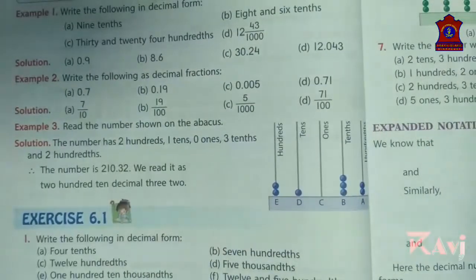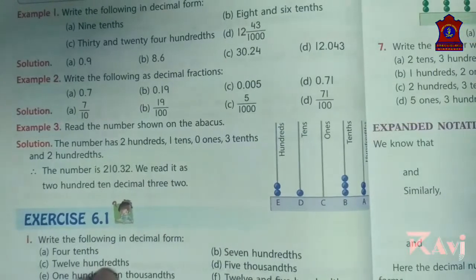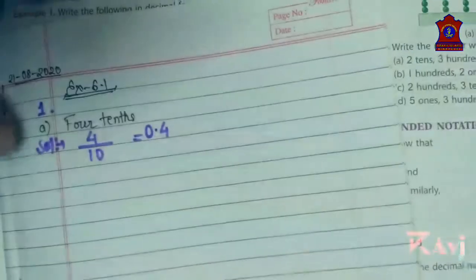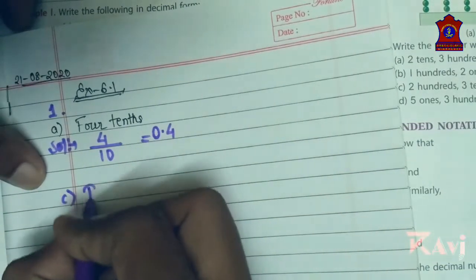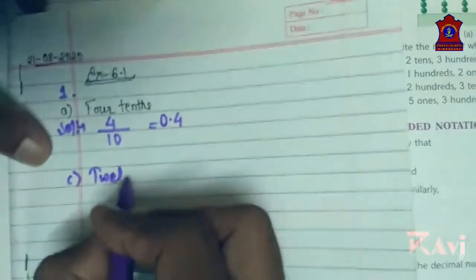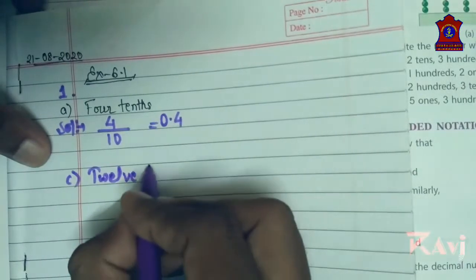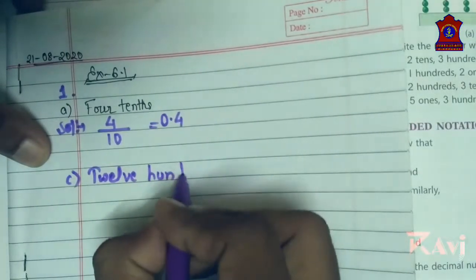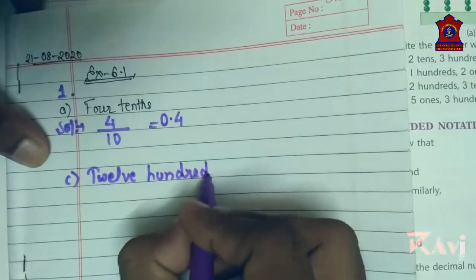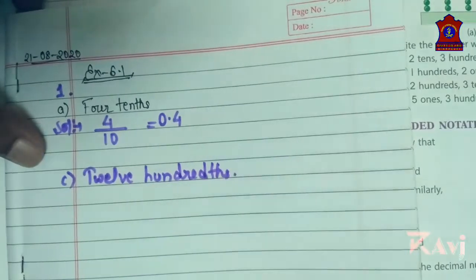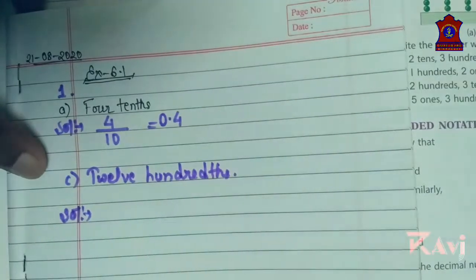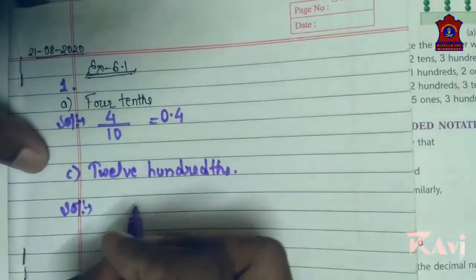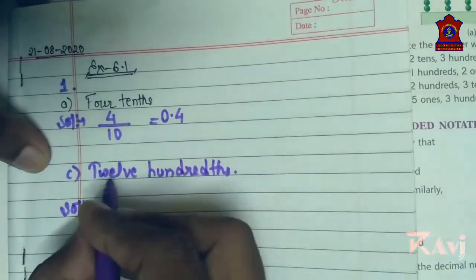Next, question number C is 100th, 12/100. The solution will be in the same manner.